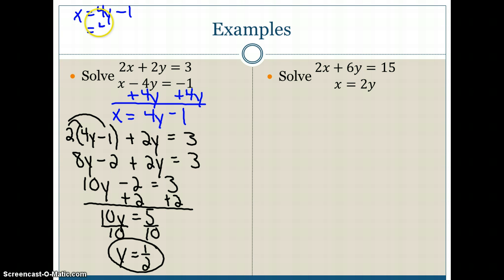Y is equal to 1/2. So 4 times 1/2 is 2. 2 minus 1 is 1. That gives us a final answer of 1, 1/2 as our solution to this particular problem.